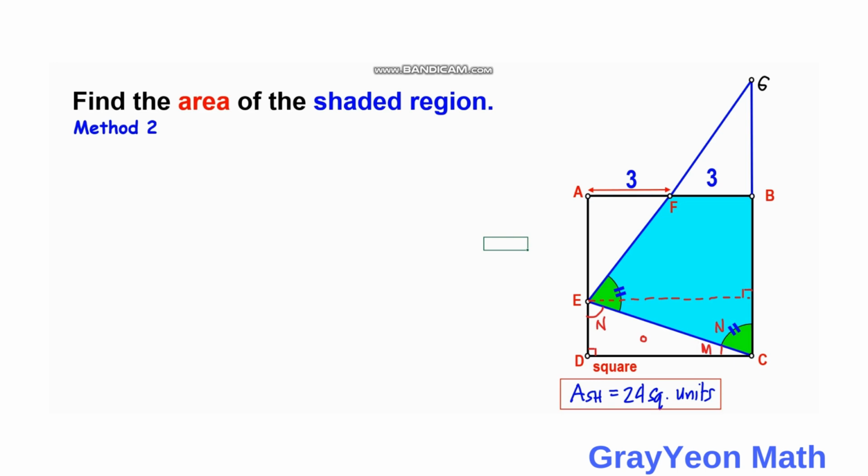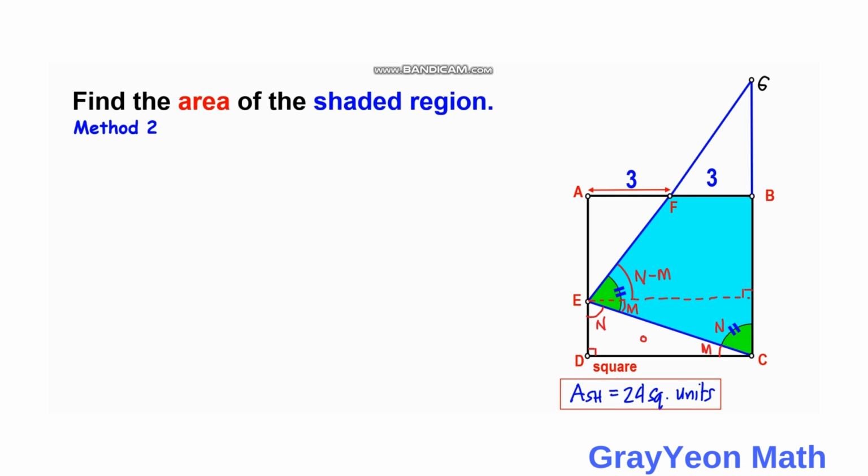And this angle should be M. So we have given this whole green angle to be N, so this angle should be N minus M.